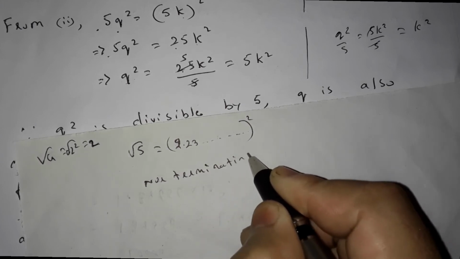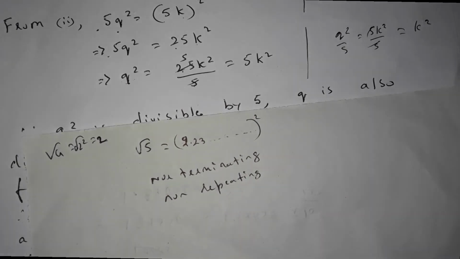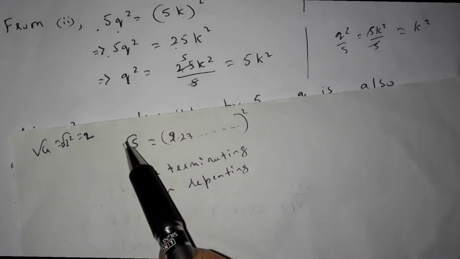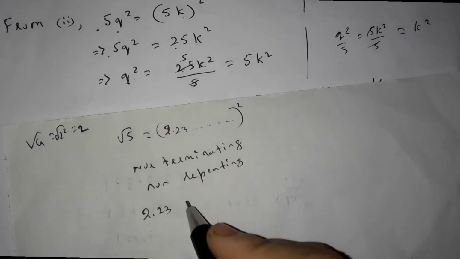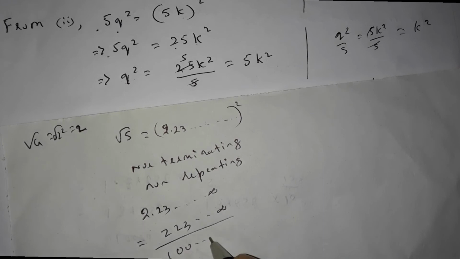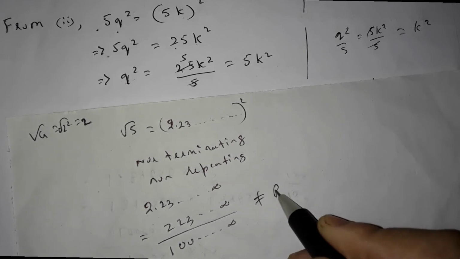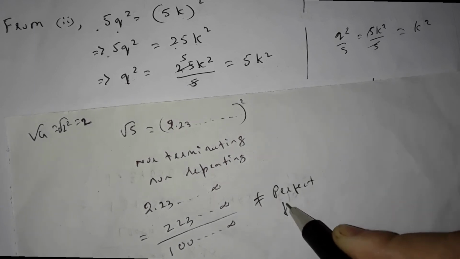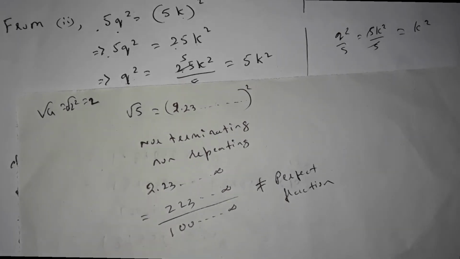Non-terminating and also non-repeating. That is why root 5 will never be a perfect fraction. Here, 2.23 to infinity equals 223 to infinity divided by 1000 to infinity, which is not equal to a perfect fraction.